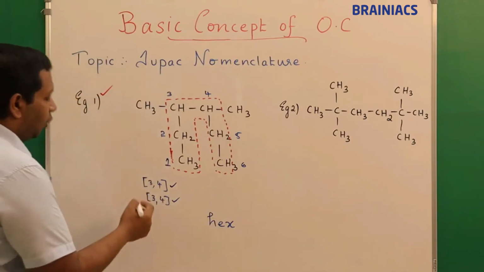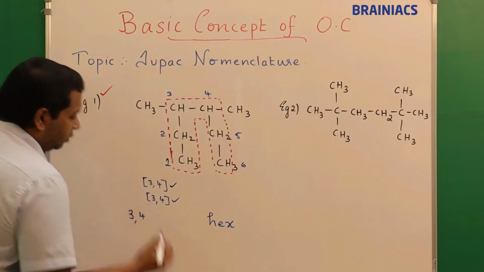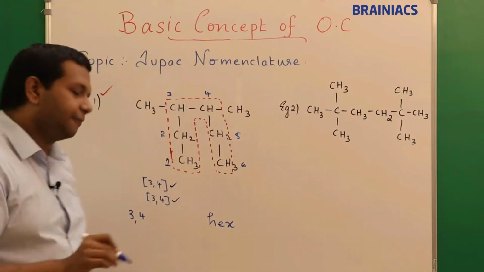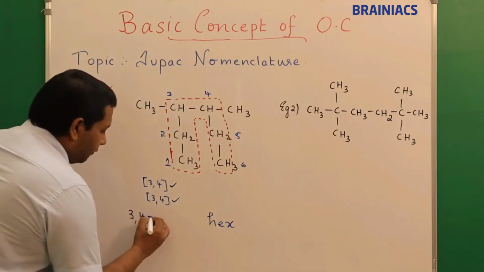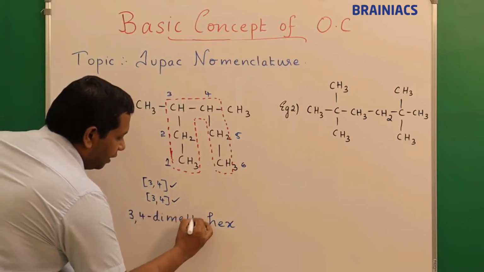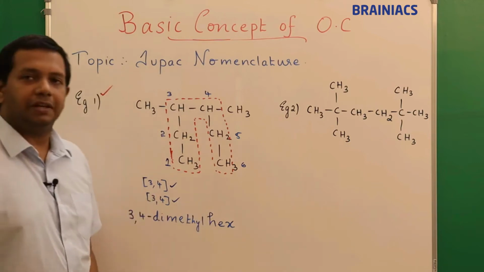First we say the locants, separated by commas, so 3, 4. Then numbers are separated from the letters by a hyphen. So 3,4-dimethyl.